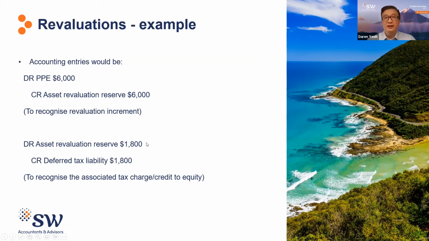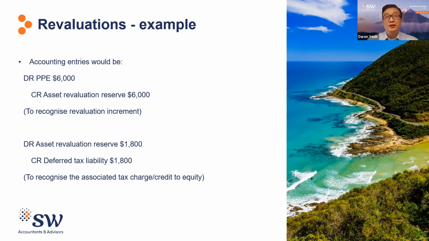by the 1,800. Now, to give you a further example, if you depreciate that plant, if you depreciate that equipment, over time, you'll find that your deferred tax liability would reduce. So you need to debit the deferred tax liability balance. The question is, which account do you credit?